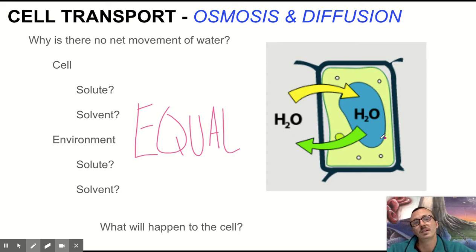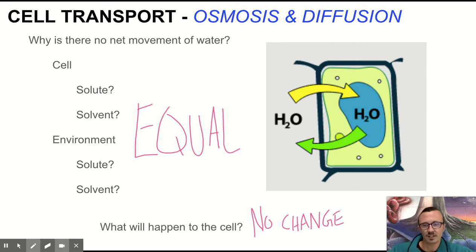So this is a happy little cell. It's not going to experience any change. So no change, right? You might go so far as to say that this cell is in pure bliss with its environment, the same, or maybe even homeostasis, if the cell wants to be the same as the environment.